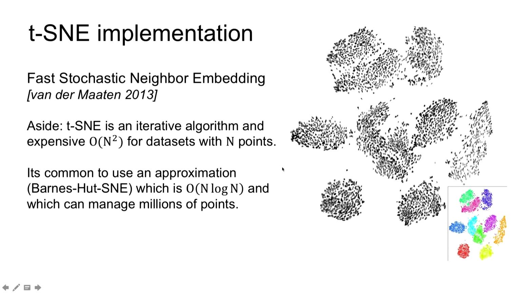Well, this is a technical point. t-SNE can be done very efficiently in time that's roughly linear in the number of points, and it can run to millions of points or millions of images. You can actually do t-SNE of ImageNet data.